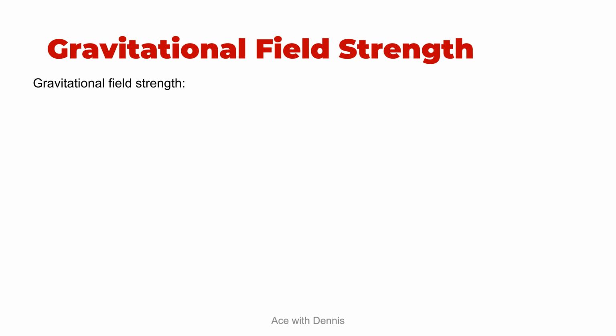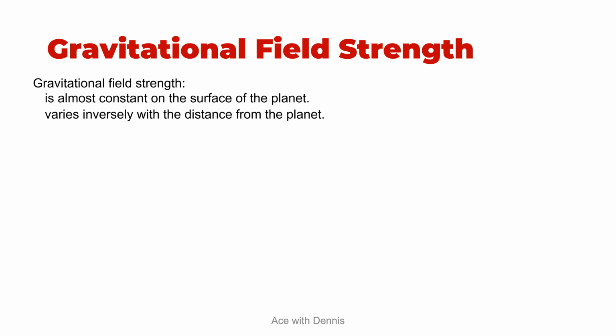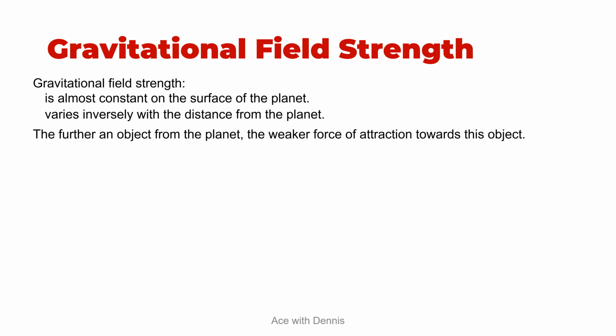Gravitational field strength is almost constant on the surface of the planet, and it varies inversely with the distance from the planet. The further an object is from the planet, the weaker the force of attraction towards this object. So let's look at this diagram which illustrates this condition.